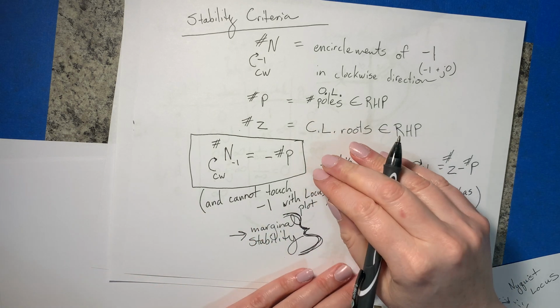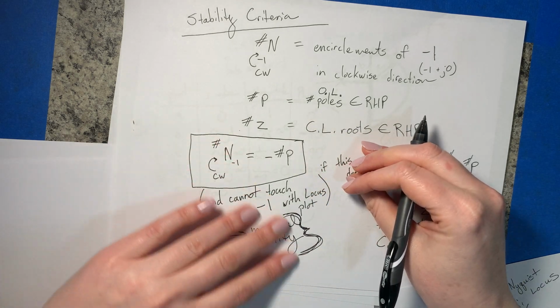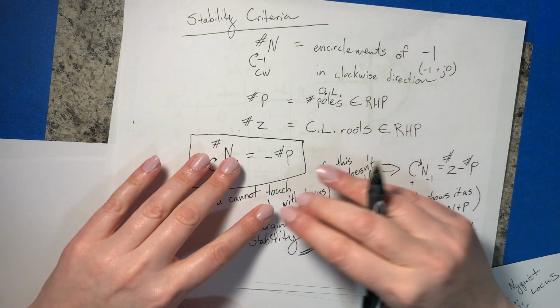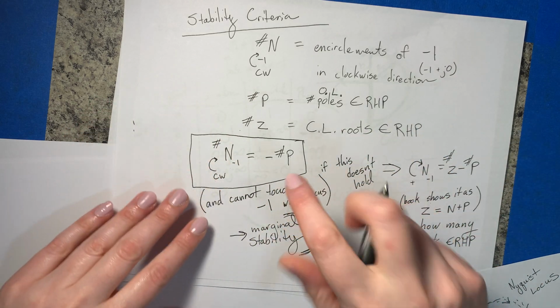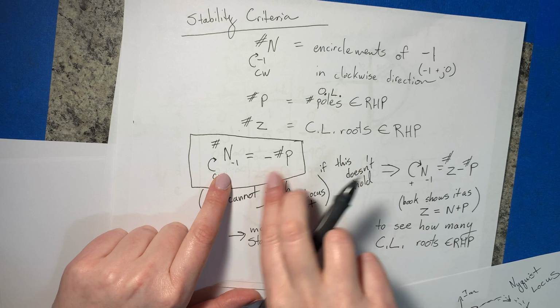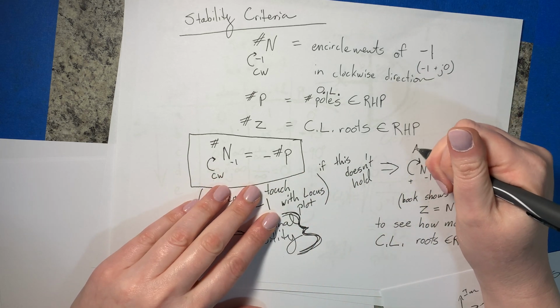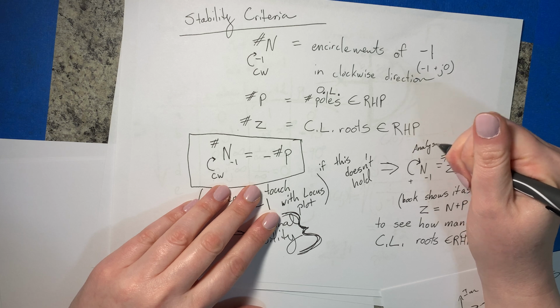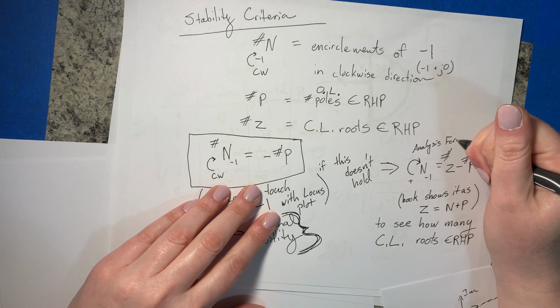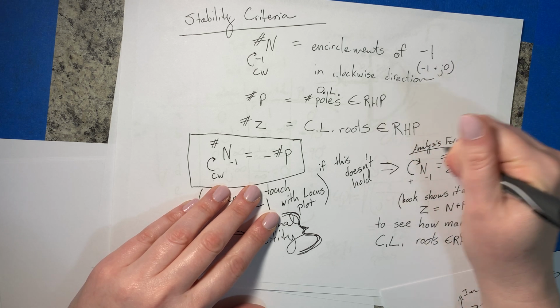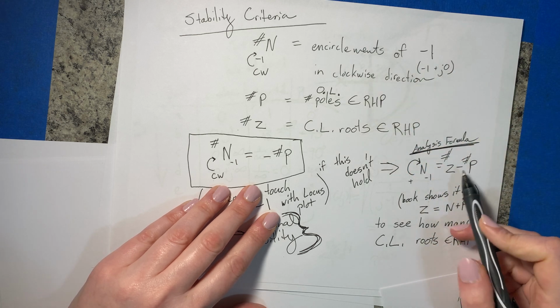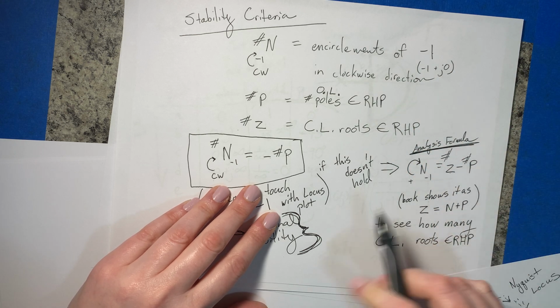Okay, so let's say we want to go ahead and use this. If it doesn't work, if our numbers don't match for some reason, then we can go ahead and use this analysis formula. This will result in more information about the system, and we can actually see how many roots are in the right-hand plane.